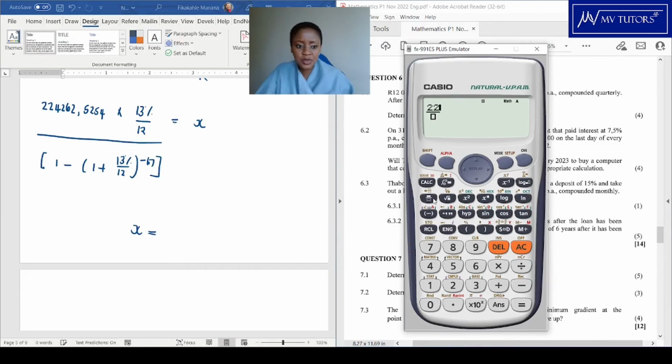It's going to be hectic. 224,262.5254, and we are multiplying it, another fraction, 13% divided by 12, all over. Let's put in the brackets. Let's go back in. 1 minus other brackets. Let's go back in. 1 plus 13%.